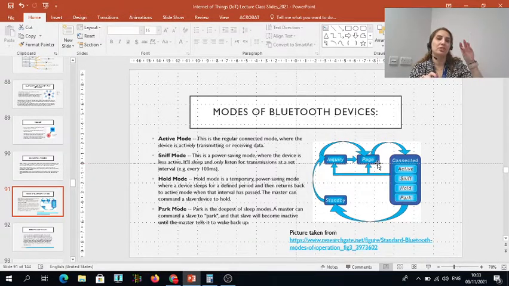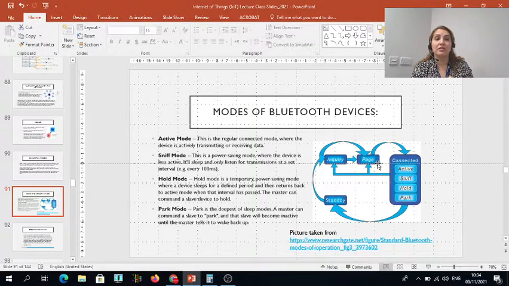But once that connection is established, the type of the connection might vary between this device and that device and this device with another one. So you might have multiple things connected to each other, but the way that they are connected, the way that they are communicating with each other, it might be different.